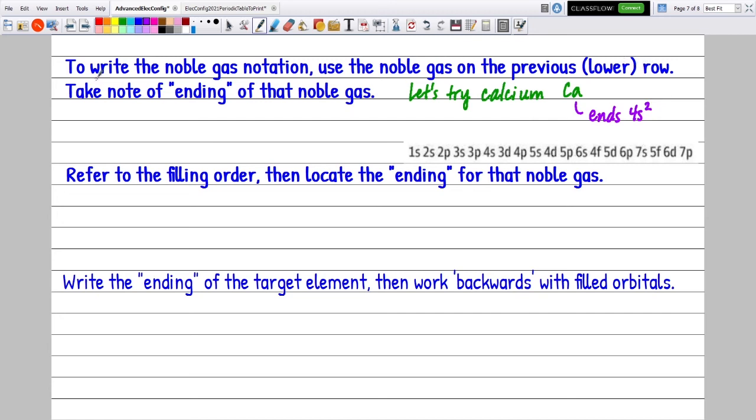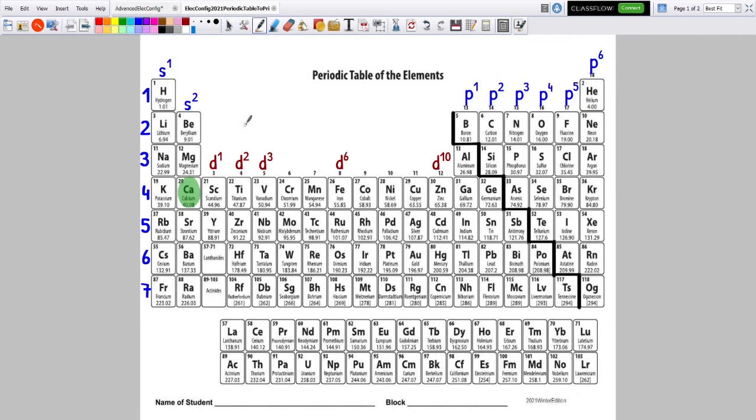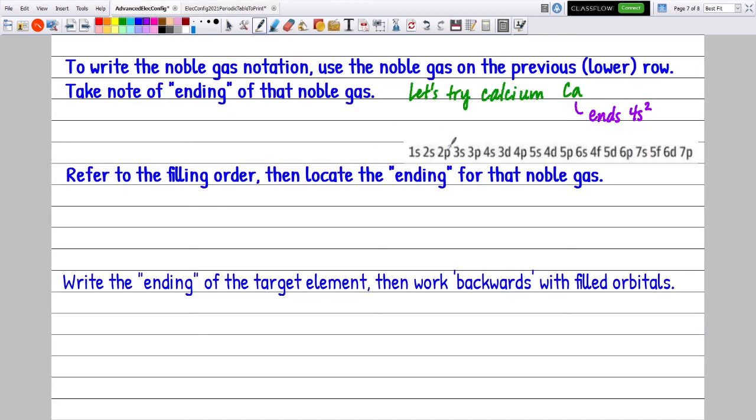Now, it says, take note of the ending of the noble gas on the previous lower row. So for calcium, the noble gas on the previous row is argon, whose ending is 3p6.